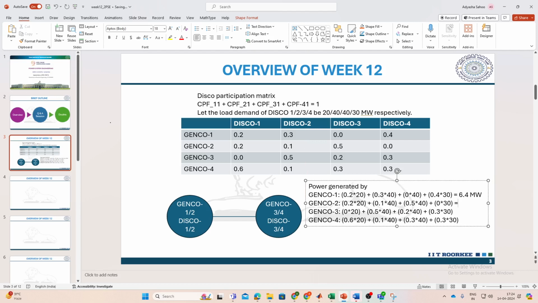Similarly, for the second one, it will be 4 plus 4 plus 2, that is 10. For the third, this is 0 and 2 and 8 and 9, that is 19.